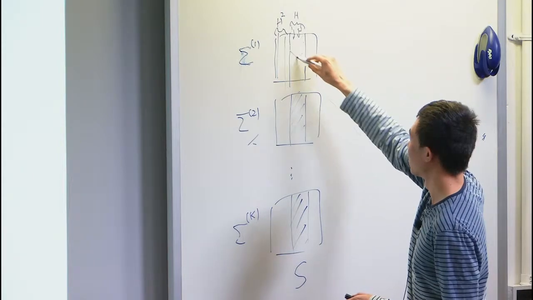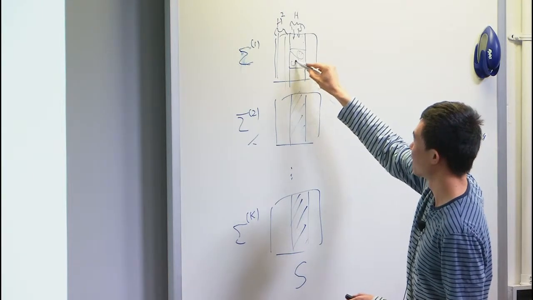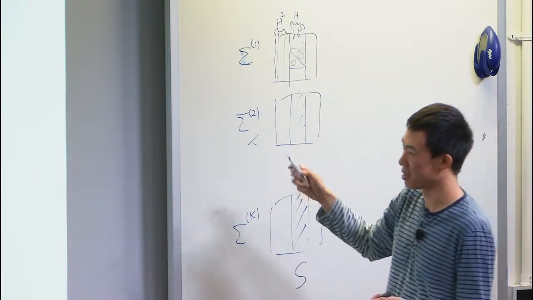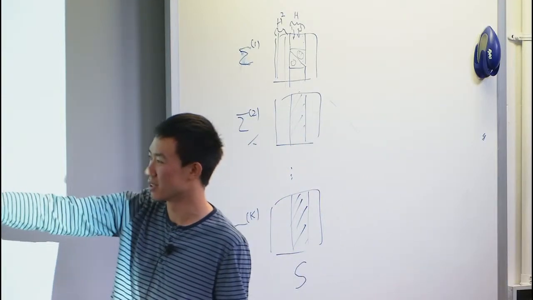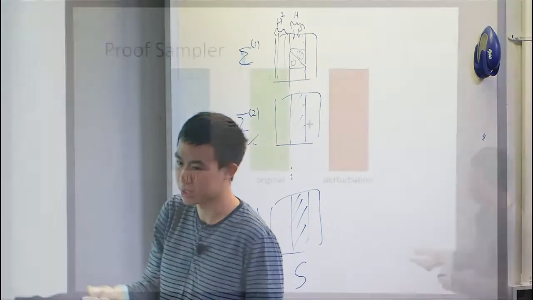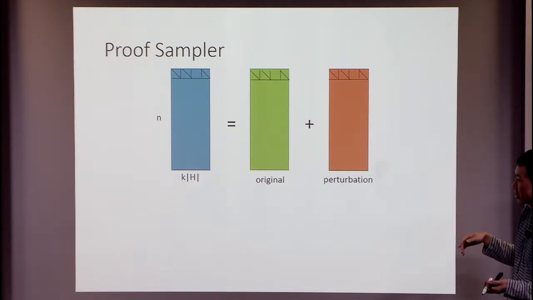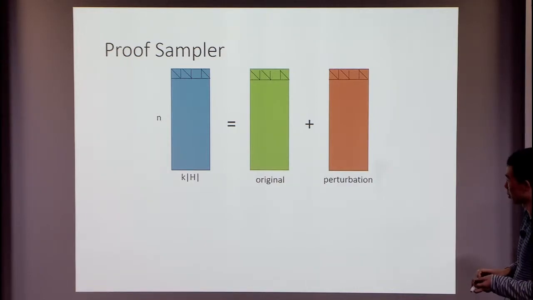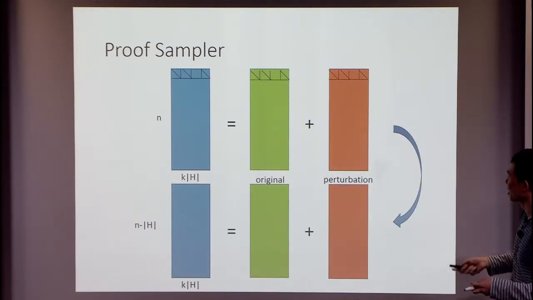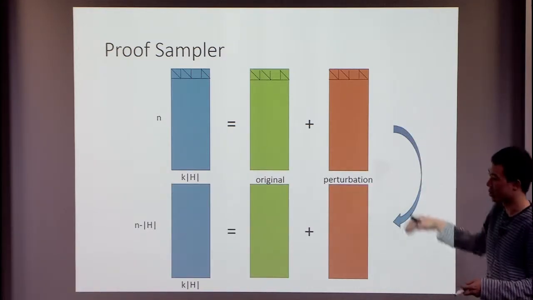Basically, this part is the same as this part, right? This is true for both the original, the true parameters, and the perturbation. We don't want this kind of correlations in the perturbation because we want it to be as random as possible. So what we do is we just simply ignore all these entries that have correlations.